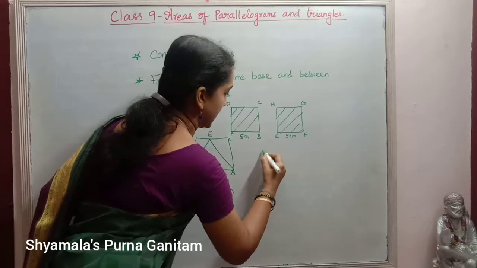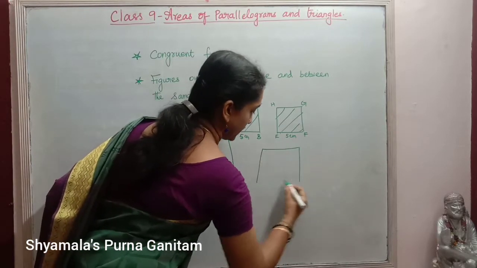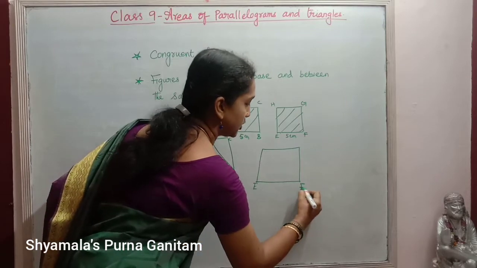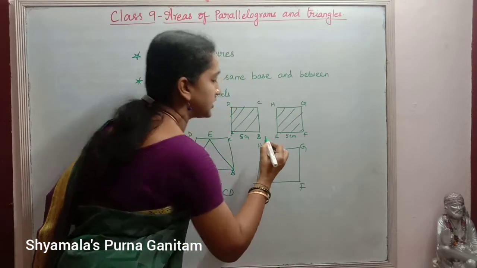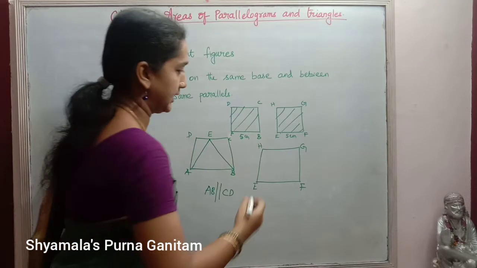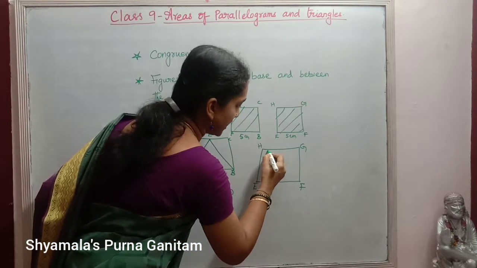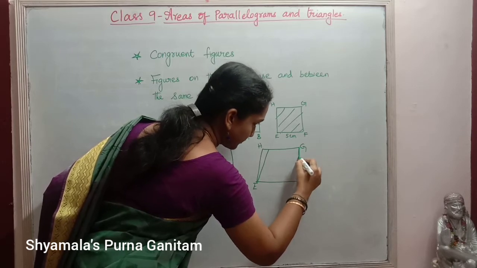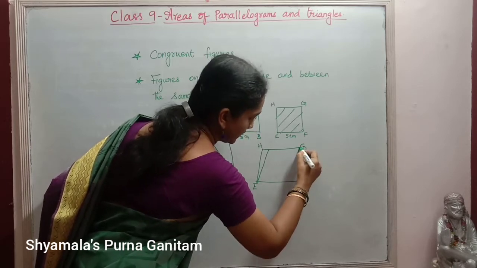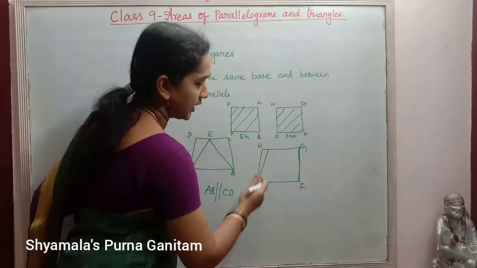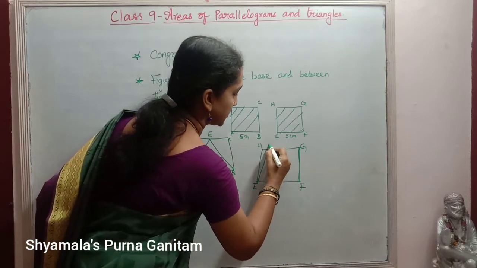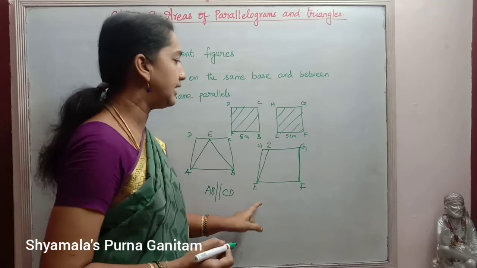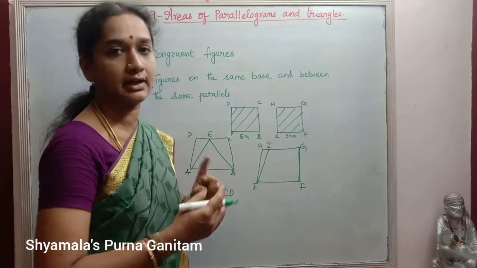So if we take any other shape, any quadrilateral, EFGH we'll take. EFGH is a quadrilateral, and EFGI is a parallelogram.